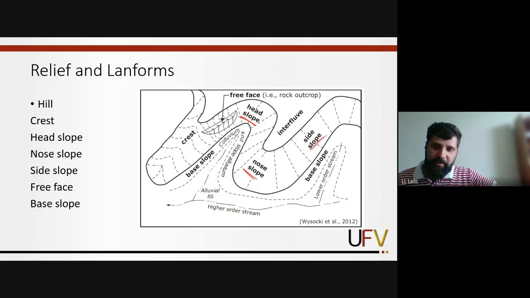An area where water converges to the same point, an area where water diverges, or an area where water migrates in parallel channels, in parallel directions. Okay?